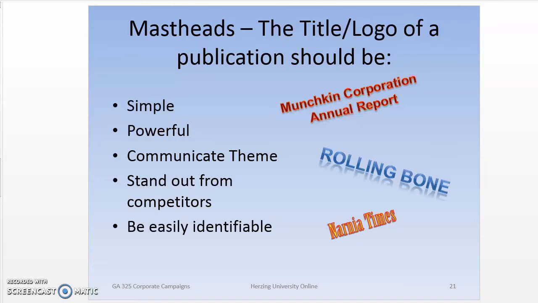Mastheads. The title and logo of a publication should be, as you can see, simple, powerful, communicate theme, stand out from the competitors, and be easily identifiable. Masthead titles should be simple and typographically dynamic, so an expressive font, and also something that's nice and thick so that it's easy to see from a distance and stands out among all the other text on the page.